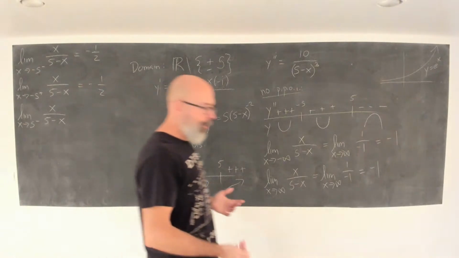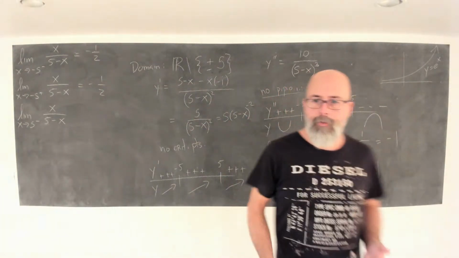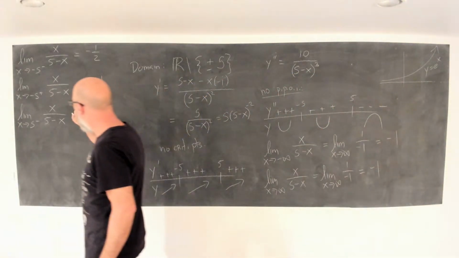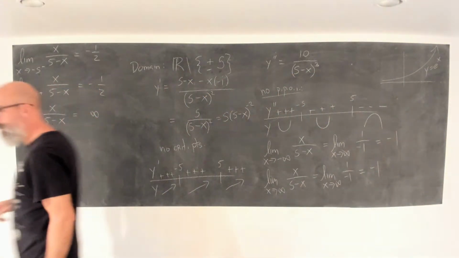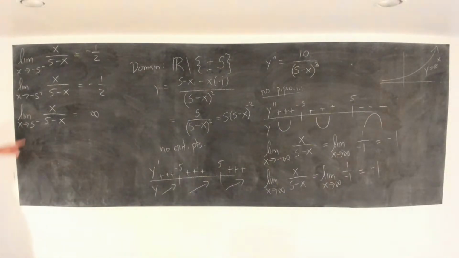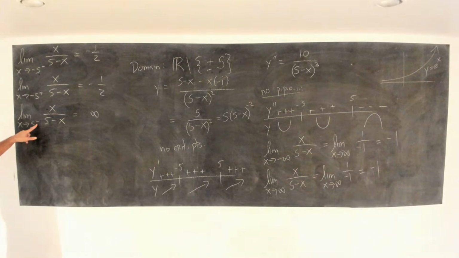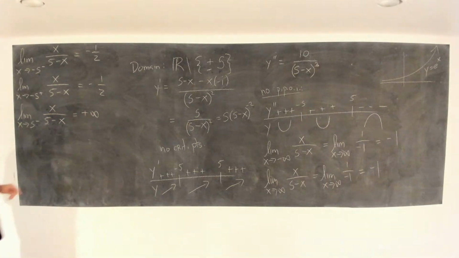You know, in the context of limits, this is some sort of infinity. 5/0 is some sort of infinity. All we have to do is determine if it's positive or negative. Numerator is close to 5, so that's going to be positive. 5 minus a number less than 5 is going to be positive as well. So positive on top, positive on the bottom, positive infinity.